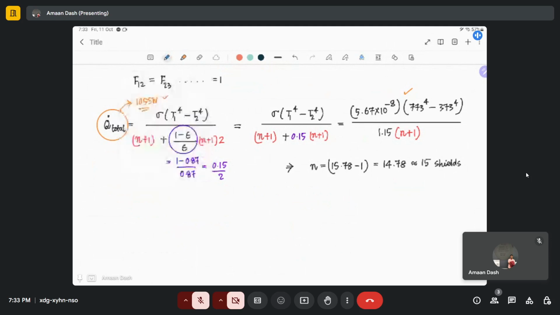So now you can substitute the values. So this is equal to 5.67 times 10 to the power of minus 8, and this T1, now we have 773 because we have 500 degrees Celsius, so plus 273, that is 773, to the power 4 minus 100, that is 373 to the power of 4.